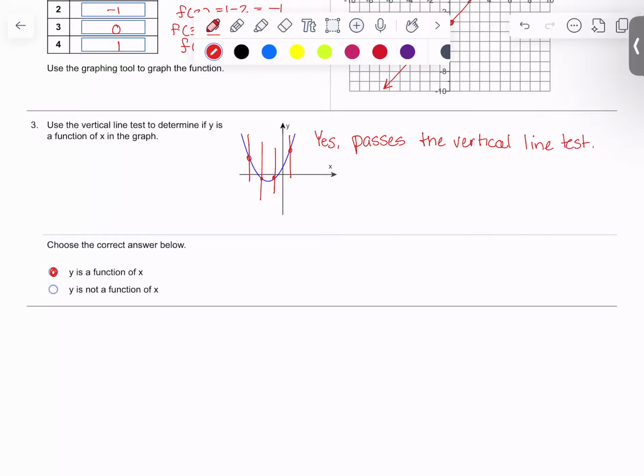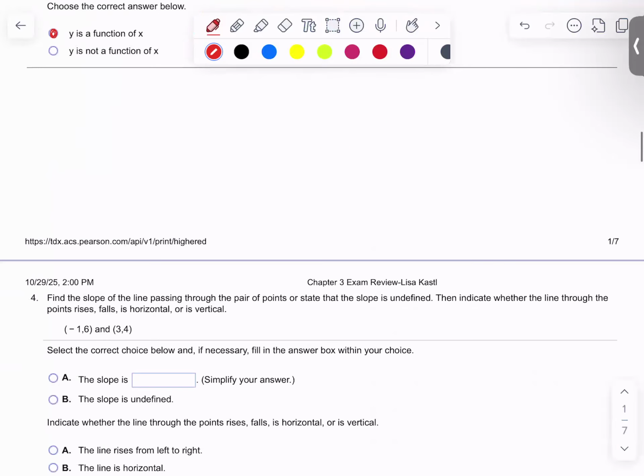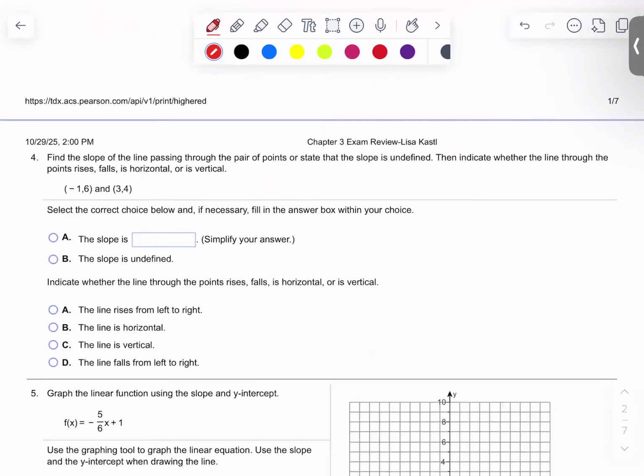All right, problem 4. Find the slope of the line passing through the pair of points, or state the slope is undefined. Then indicate whether the line through the points rises, falls, or is horizontal or is vertical.